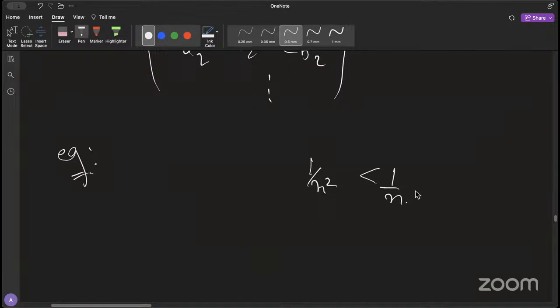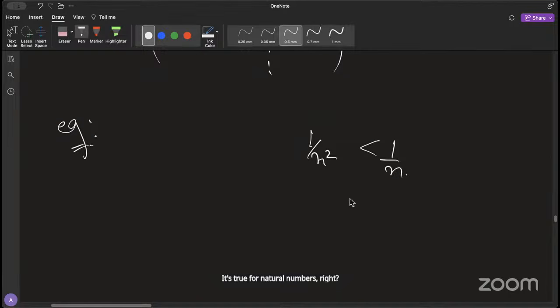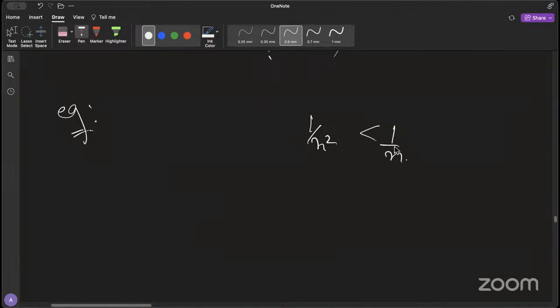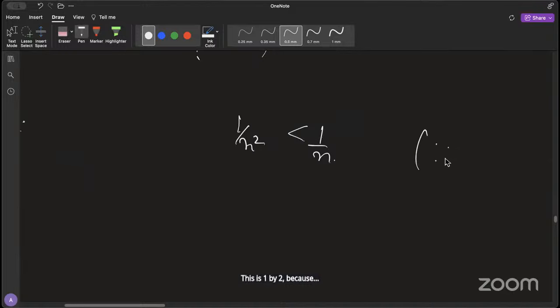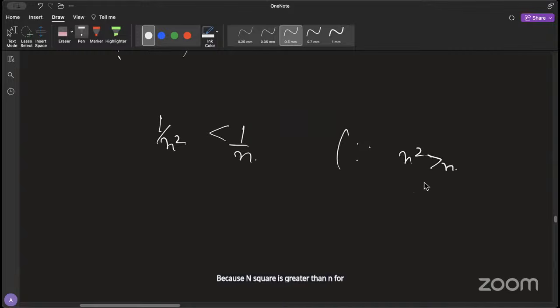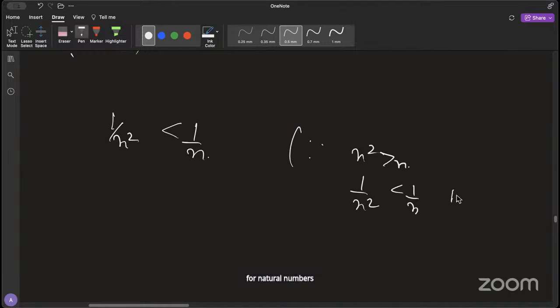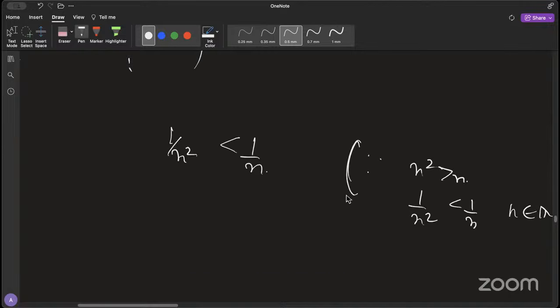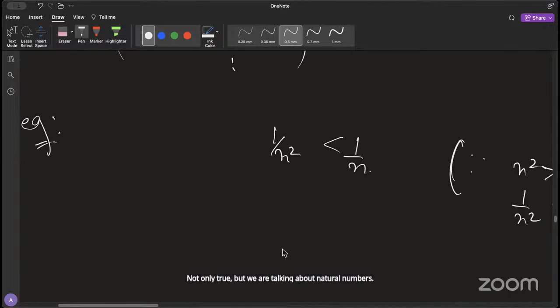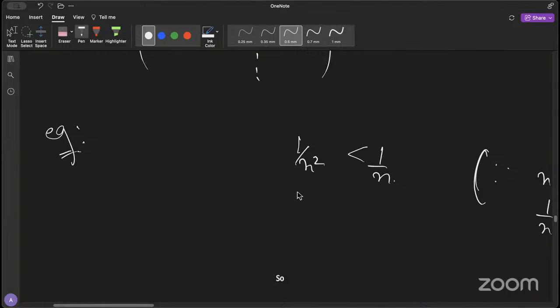It's true for natural numbers, right? Because n square is greater than n for natural numbers. That means your 1 by n square should be less than 1 by n for natural numbers. So it's true for natural numbers.